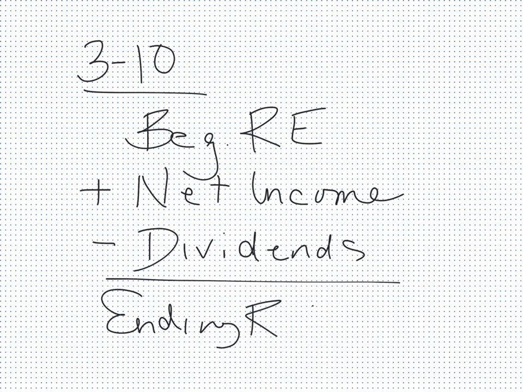And so in this particular problem of 3-10, we have been given the ending balance in retained earnings, which is $144.7 million.